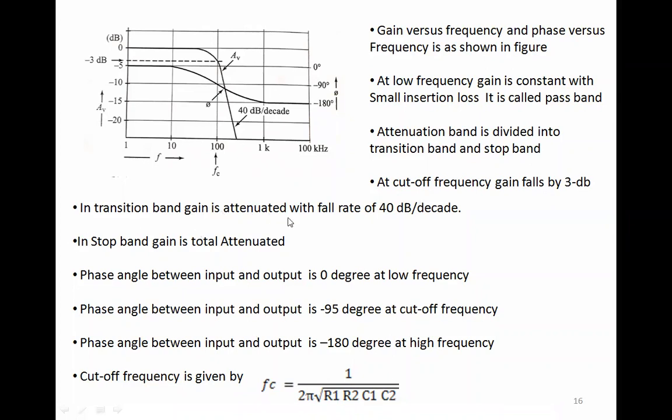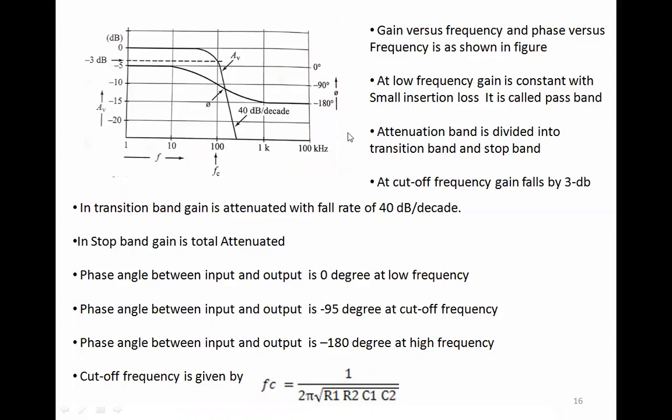The transition band is attenuated with a rate of 40 dB per decade. Keep these numbers in mind. It will help you for solving the problems and to write about the filter. In the stop band, there is total attenuation of gain, and that's the reason why it's called a stop band. Then the phase angle between input and output is 0 degrees at low frequency. Then the phase angle is about 95 degrees.